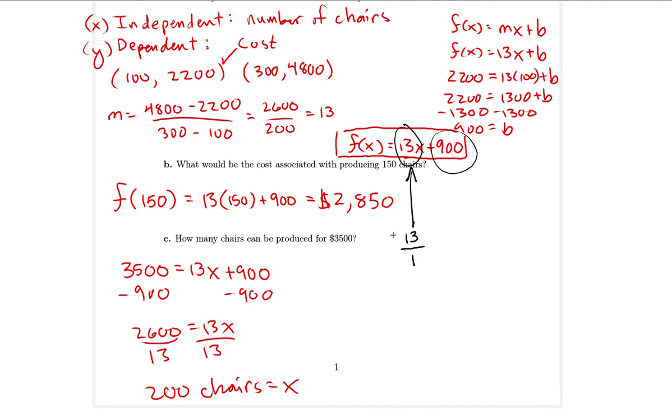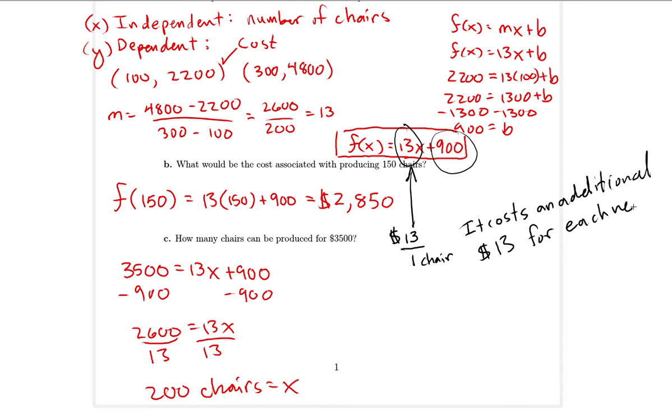And if cost is on top and chair is on bottom, what this is really saying is that it costs an additional $13 for each new chair produced.